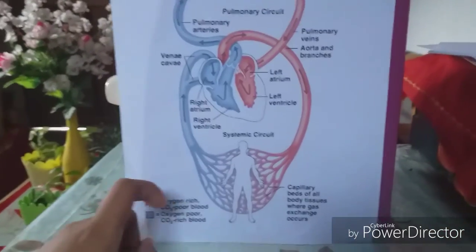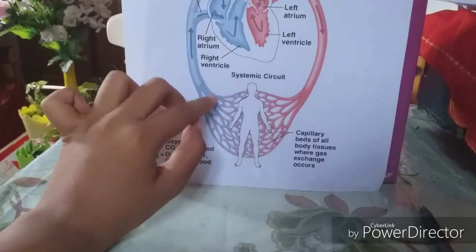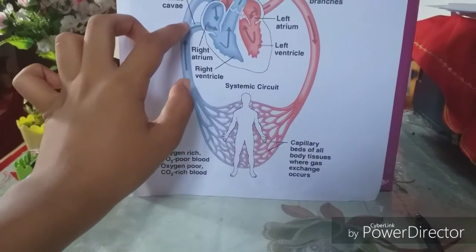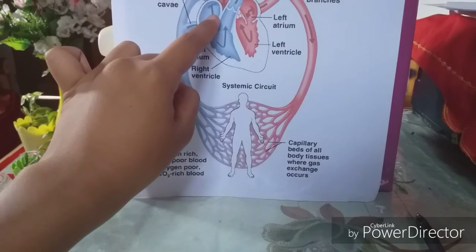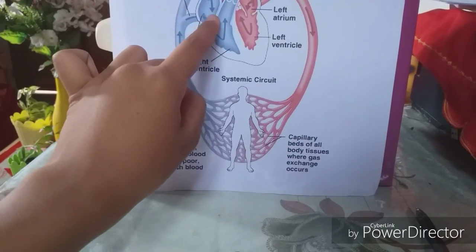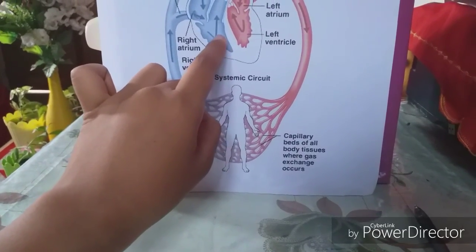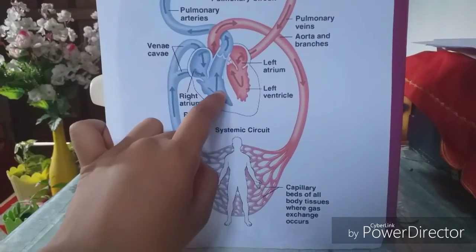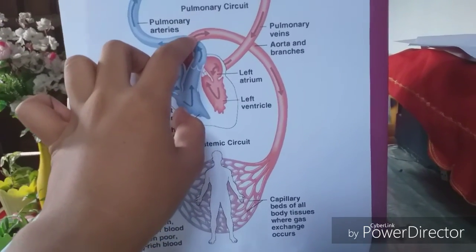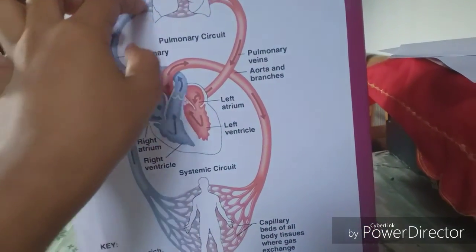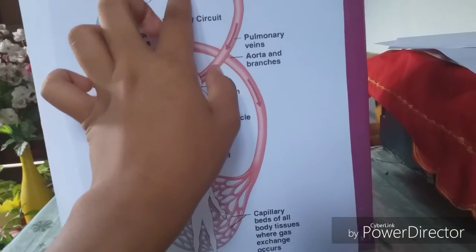So first, the deoxygenated blood from the body goes to the vena cava, then enters the right atrium and fills the right ventricle. As the muscle contracts, the blood flows to the pulmonary arteries and goes to the lungs in the capillary beds where the gas exchange occurs.